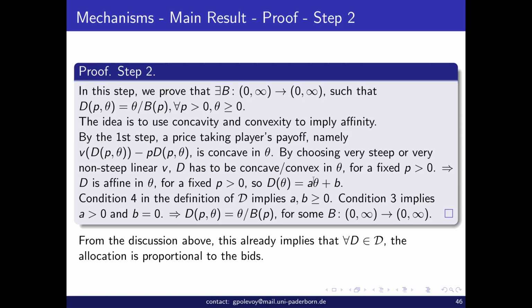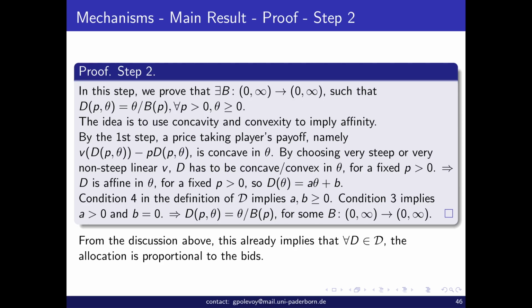Moreover, d is simply some strictly positive number times theta. But this number, which we call b of p, is not itself necessarily an affine function of p. So we have not proven here that b is affine or something.